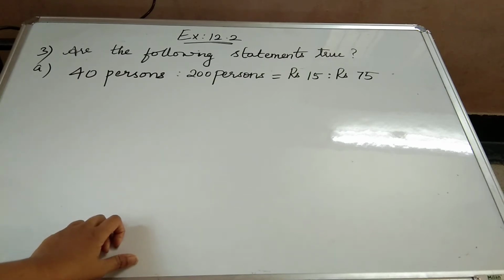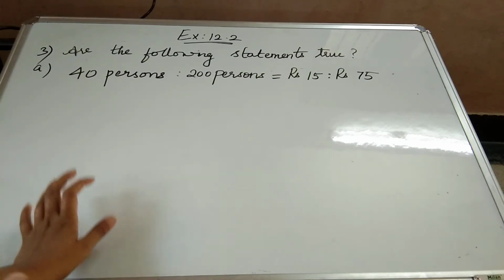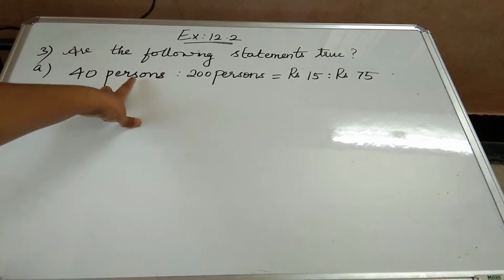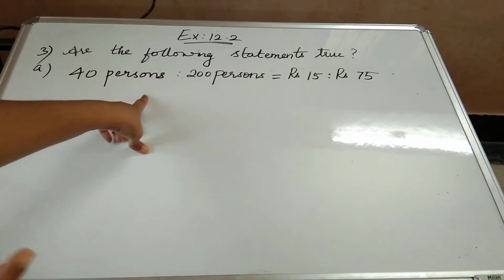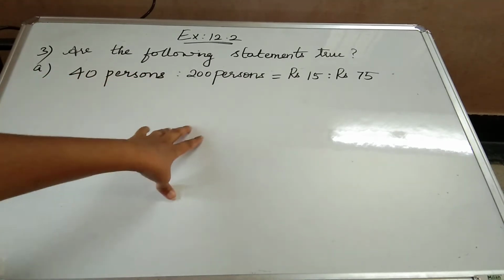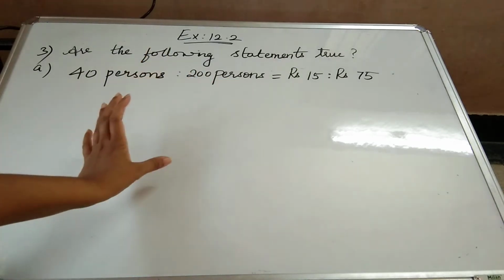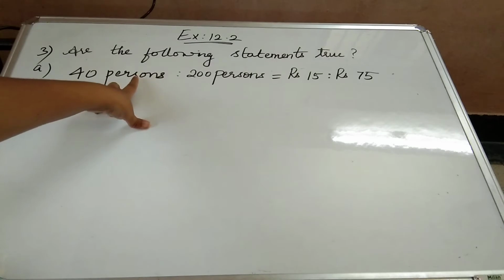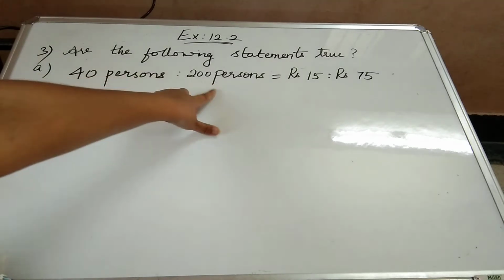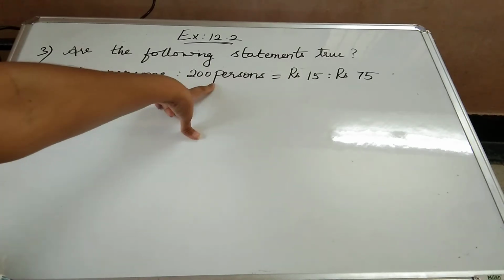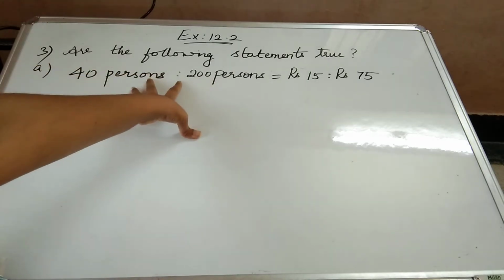Same procedure, but we have to first see whether both are in the same unit. I told you, when you are finding the ratio, each quantity should be in the same unit.